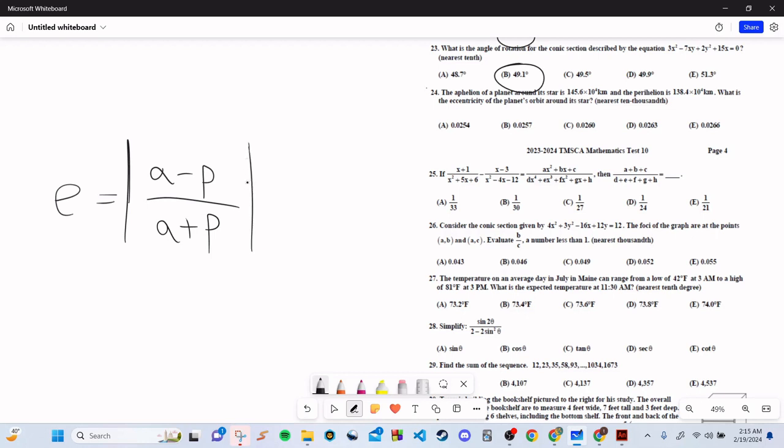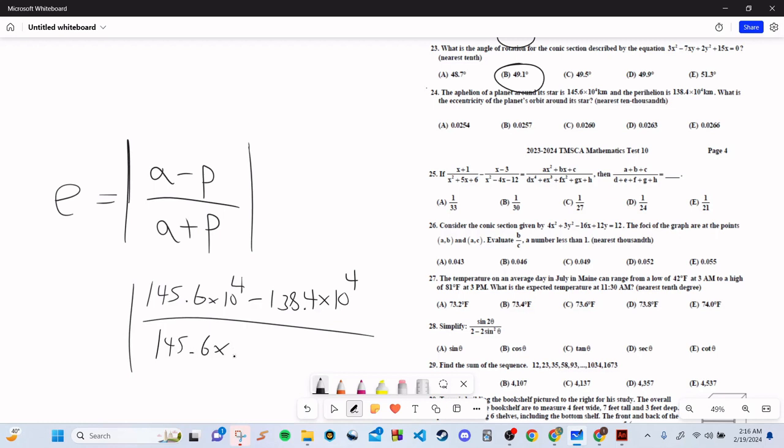That's it. And so, if we take these values, take this times 10 to the 4th minus this value times 10 to the 4th over, again, these same numbers, but you're going to sum it at the bottom.